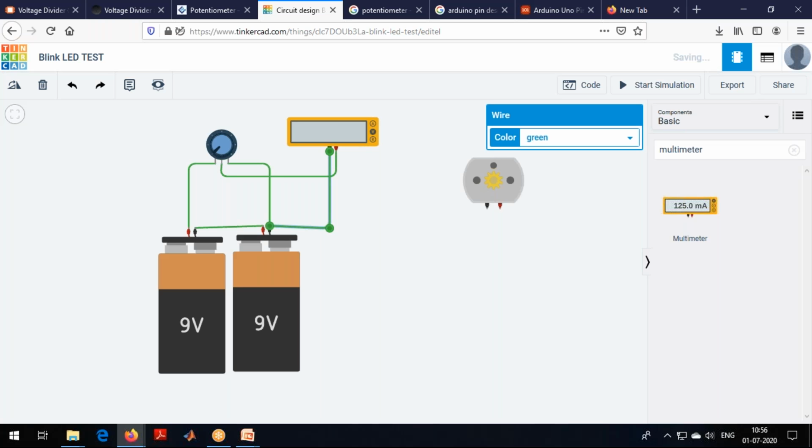I have given some input to the potentiometer. From the potentiometer I am connecting to the multimeter. Whether both are the same? Do you agree with that?